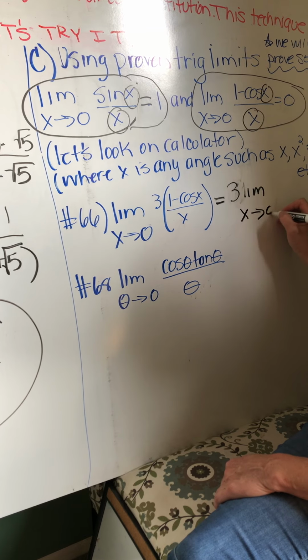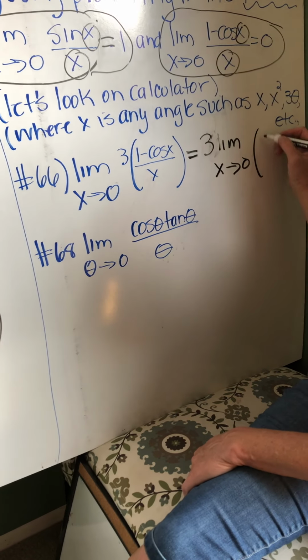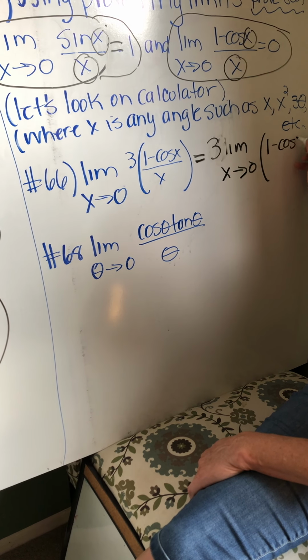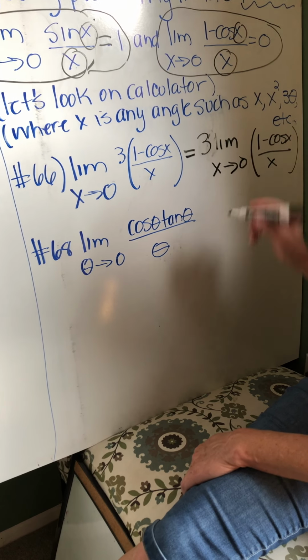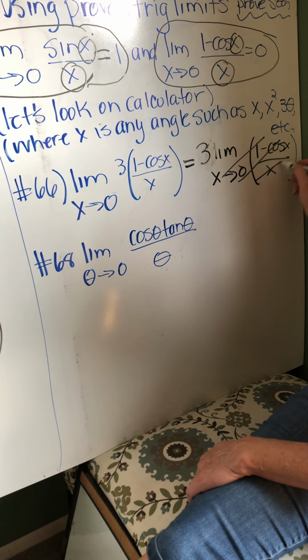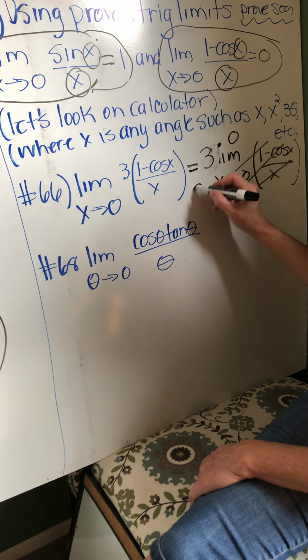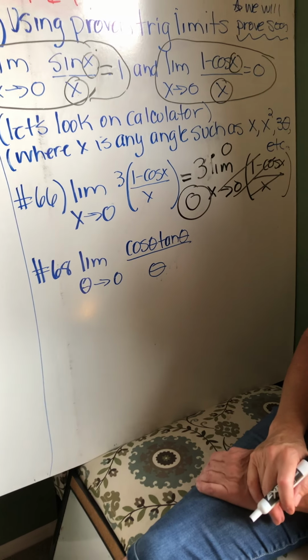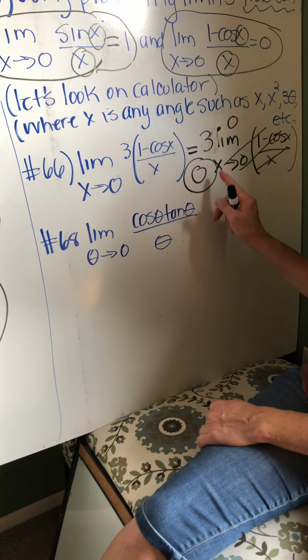It's okay to bring a constant in a function outside of the limit and evaluate the rest of the limit. This expression and this are the same. Okay, I can see above that this limit is 0, and 3 times 0 is 0. So we have solved this limit, and its value is 0.